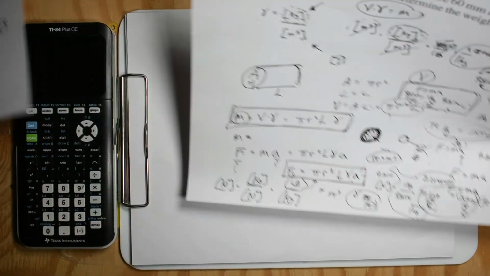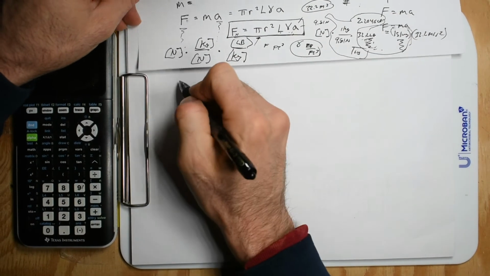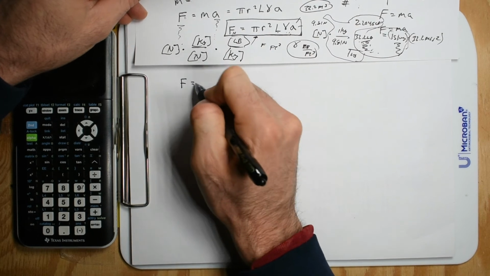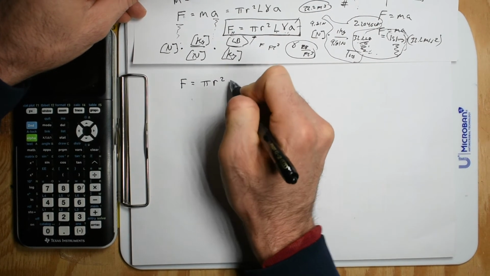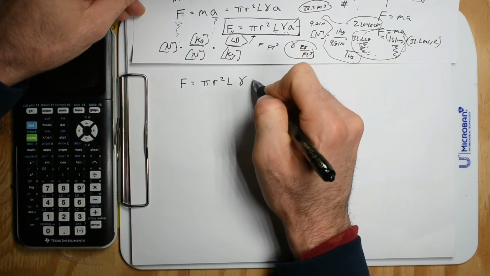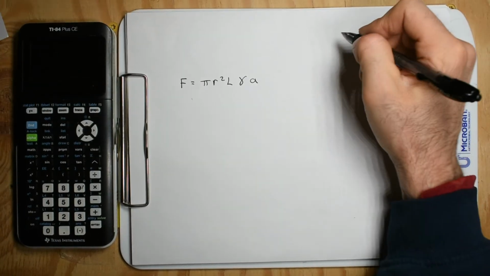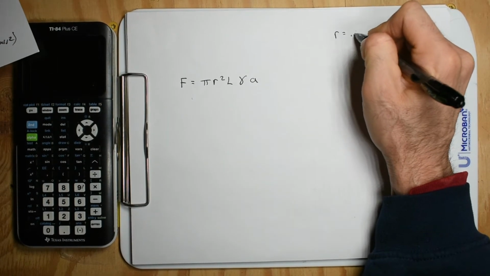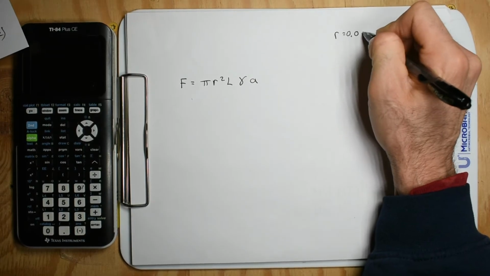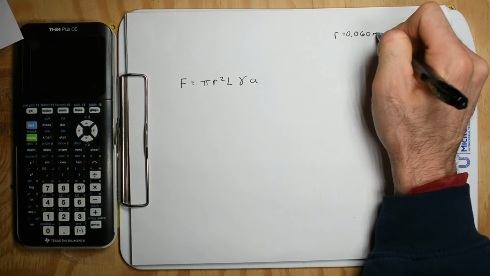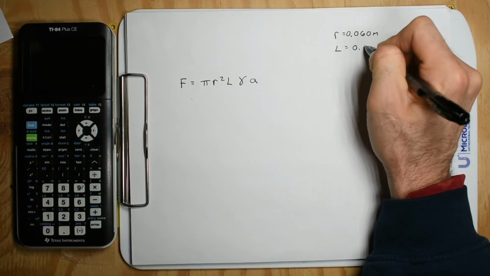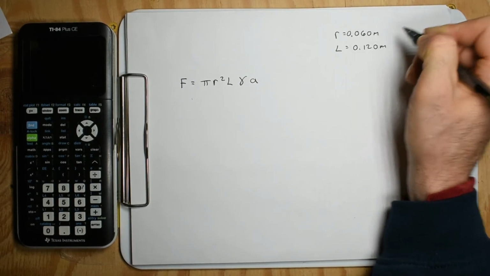All right. So let's at least use our fast equation first. It's pi r squared L times density times acceleration, and we know the radius is, and you've got to convert this to meters, 0.060 meters. Our length is 0.12 meters.